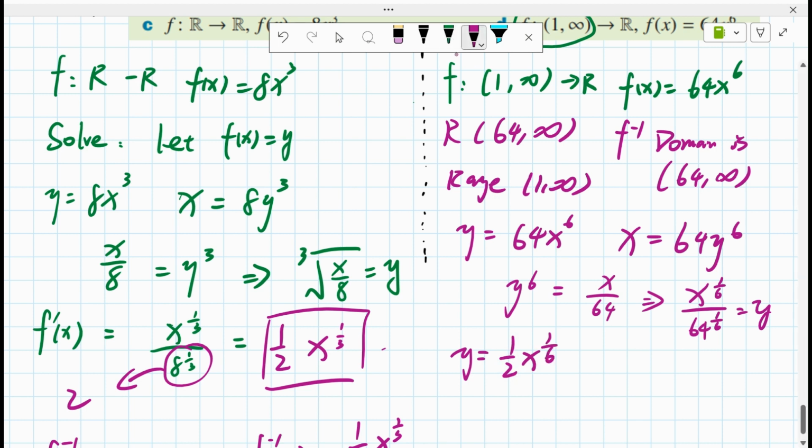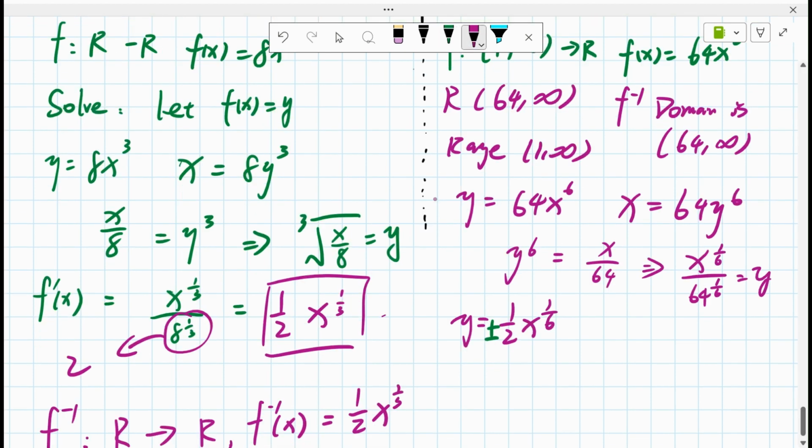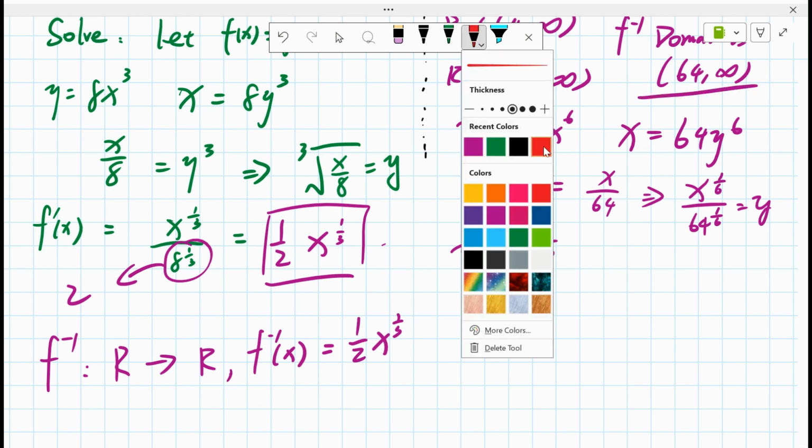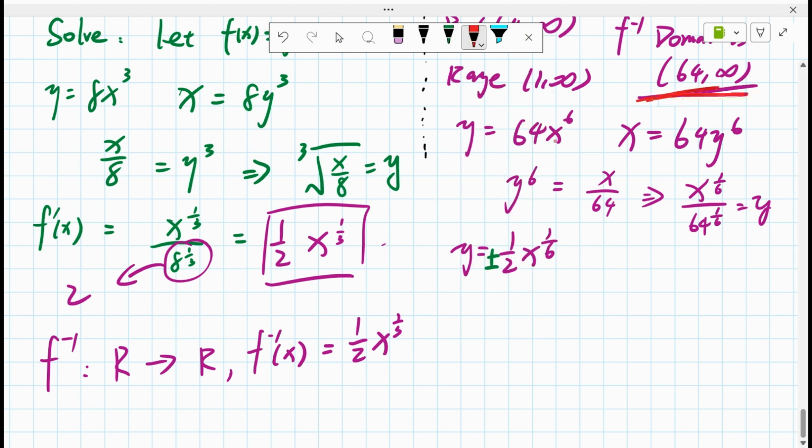If you write it like this, I'm not going to give you the full mark, because remember this is an even number, so you're also going to have the negative part. You have to add in plus and minus. But also we know your domain is 64 to infinity and your range is positive infinity, so we can actually cancel out the negative, but you still have to show me, okay?